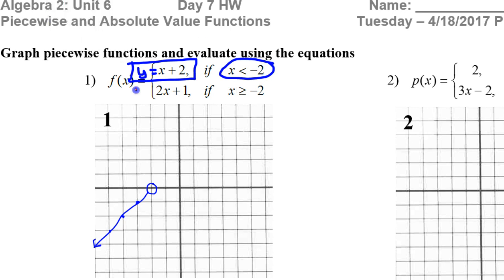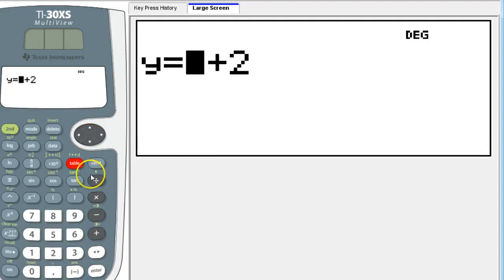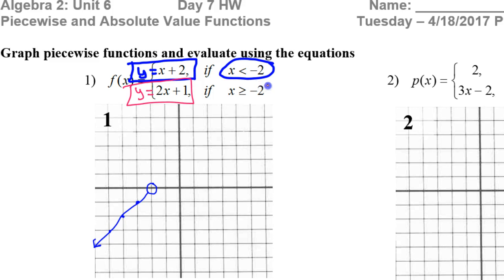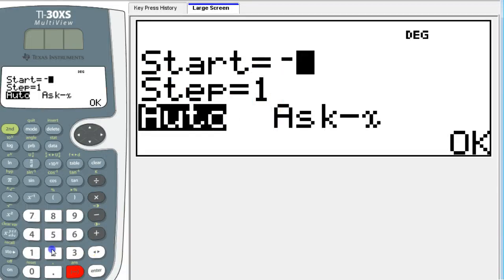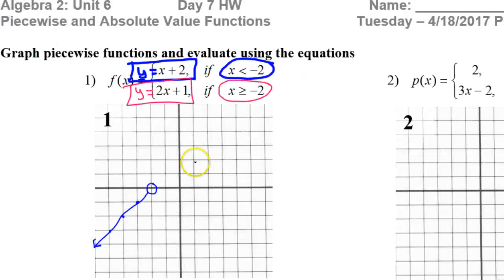Now let's do the bottom piece, which again is like y equals 2x plus 1. So back to the calculator, hit the table button. We'll do 2x plus 1. Hit enter. We still wanted to start at -2 because of the domain restriction. So -2, enter, enter, enter, enter. So we have the point -2 comma -3.